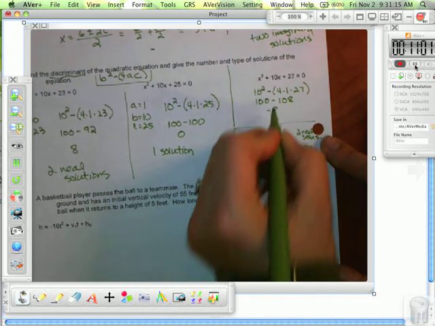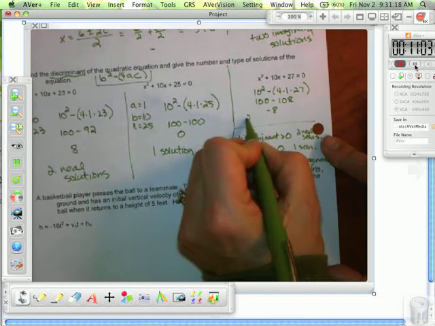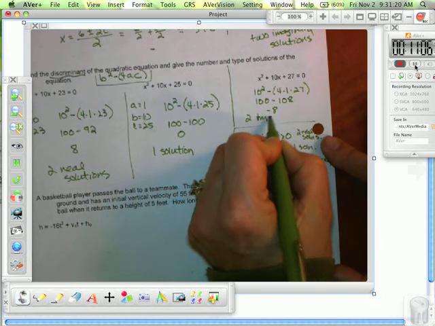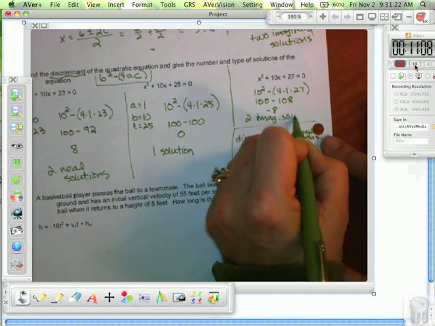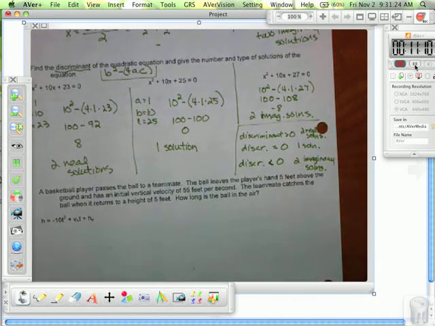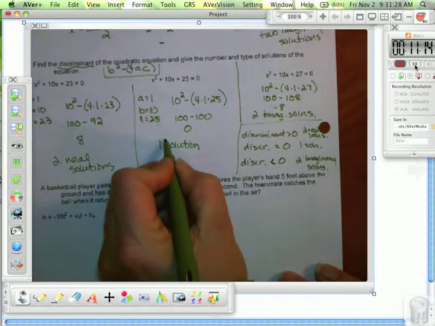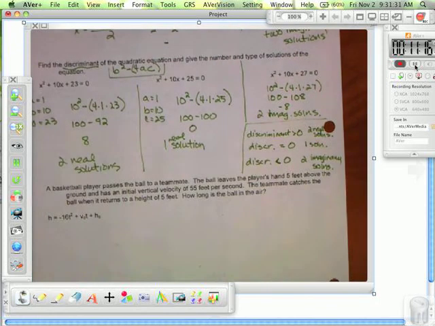Negative 8. So you can say 2 imaginary solutions. It would be 1 real, actually. Just to be clear, it would be 1 real solution, because it would be sitting right on the x-axis. Your vertex would be.